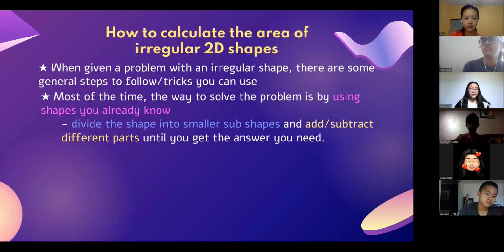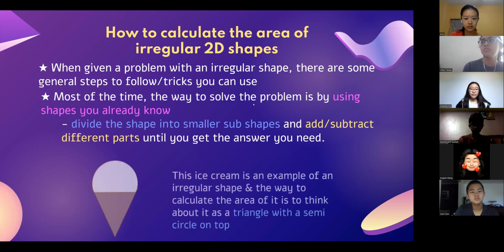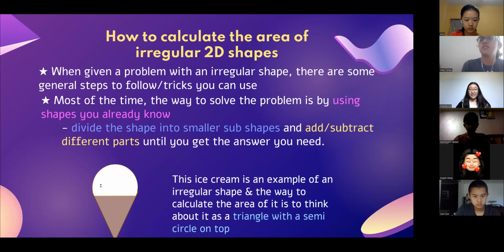So what you're going to do is divide the irregular shape into smaller shapes that you know, and then just add them or subtract them until you get what you need. Here is an ice cream cone. It doesn't look exactly like a semicircle, but we can think of it as a triangle with a semicircle on top. Just imagine that it's exactly a semicircle.